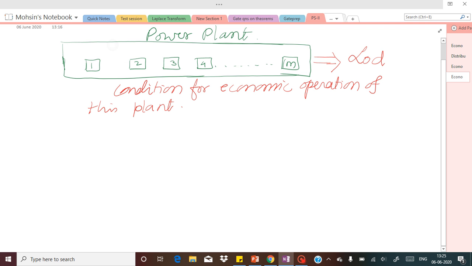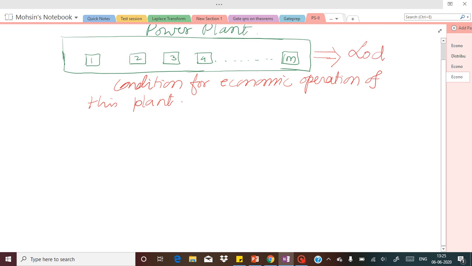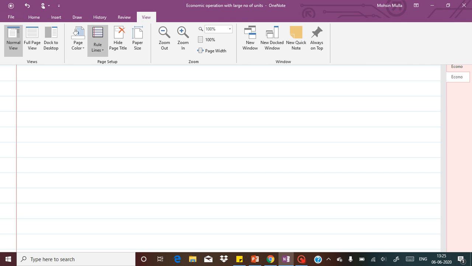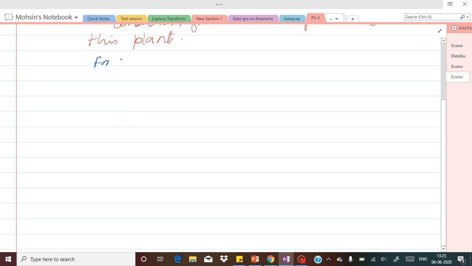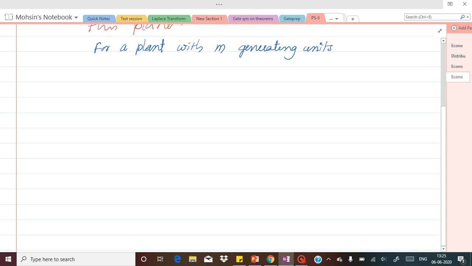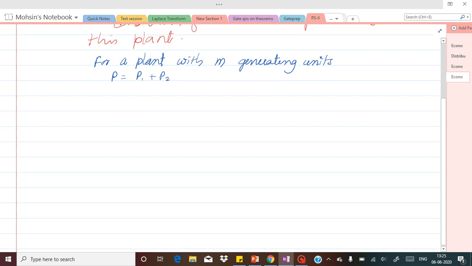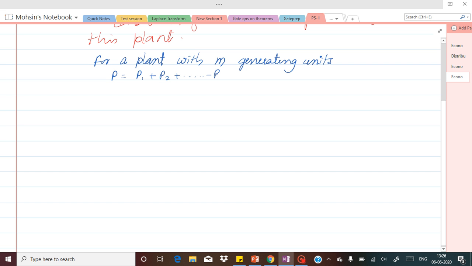So for a plant with M, let us say that the total number of units is M. So for a plant with M generating units, P equal to P1 plus P2 plus, so on up to Pm, since each unit is going to generate power. Here it is going to produce P1, here P2, P3 and so on up to Pm.